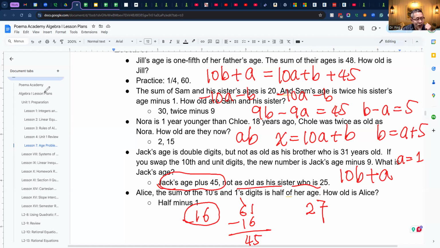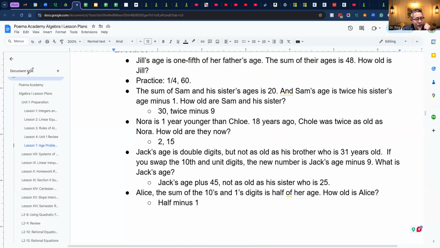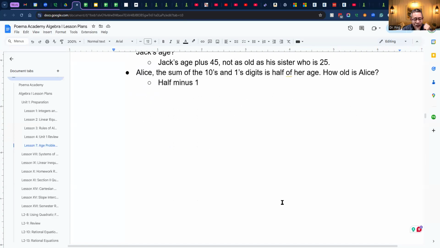Okay, now we have one more problem. On this one, Alice also has a 2-digit age, but we say that the sum of the tens digit and the first digit is half of her age.